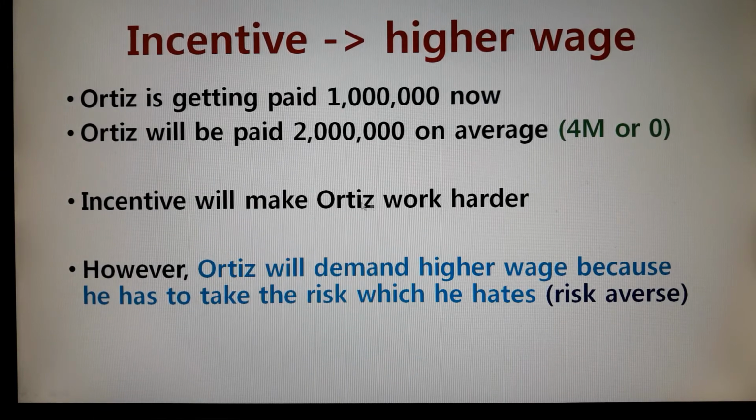So incentive will make Otis work harder. However, Otis will demand a higher wage because he has to take the risk which he hates. Think about that. When you become a government officer, you will be paid quite low. In Korea, the first payment would be like 30 million Korean won, or 30,000 US dollars.